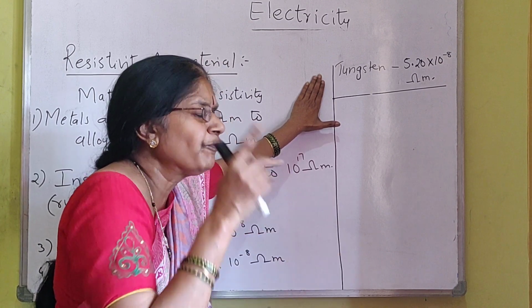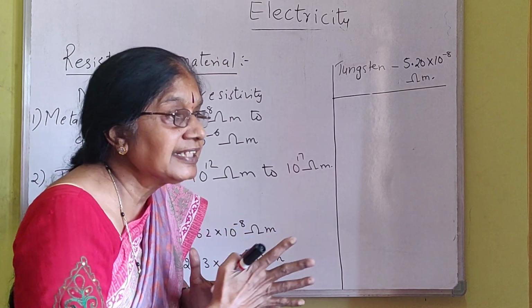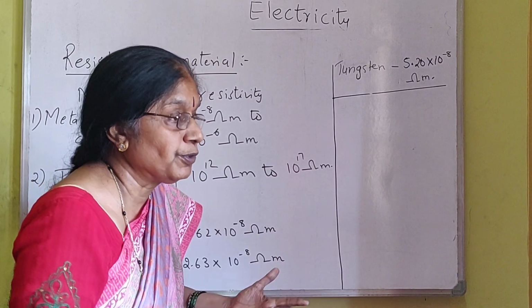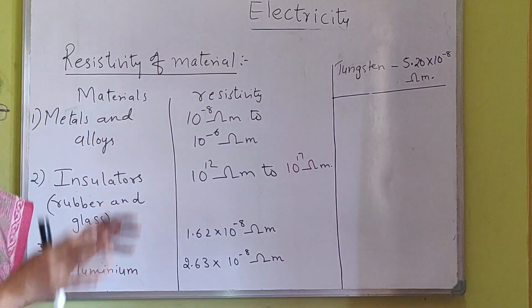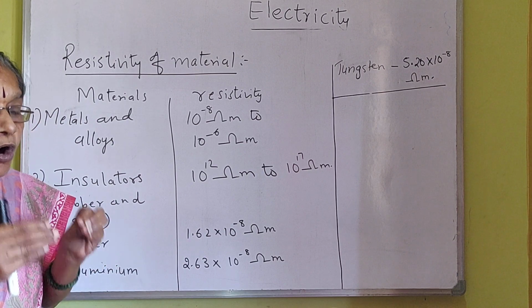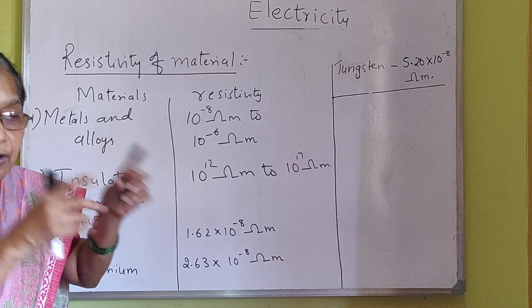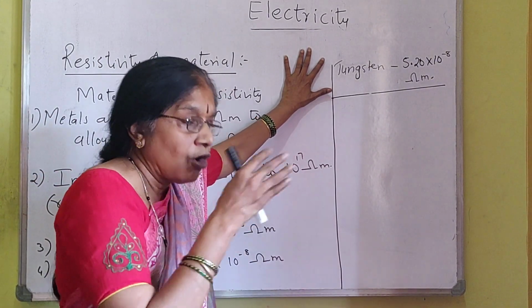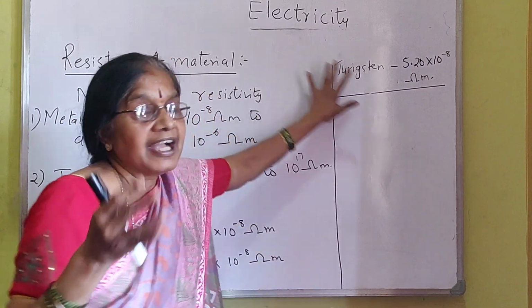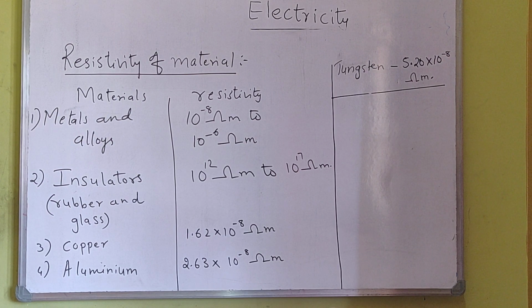Already I told you previously, friction of charges is there. They get rubbed against each other due to which heat is produced. You can also get one example for that. When you switch on a mixer or grinder for a long time and touch it, it becomes hot. You can feel the heat. Why? Because of the resistance of the conductor, which makes the device hot. That is why tungsten is used in electrical devices where the heating effect is needed.